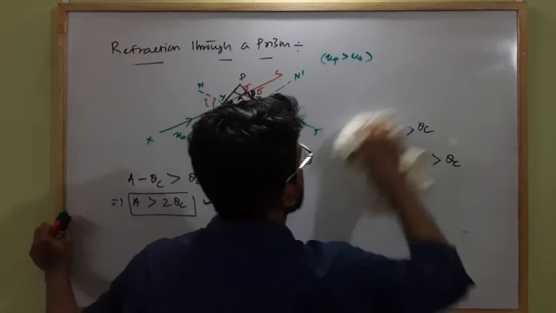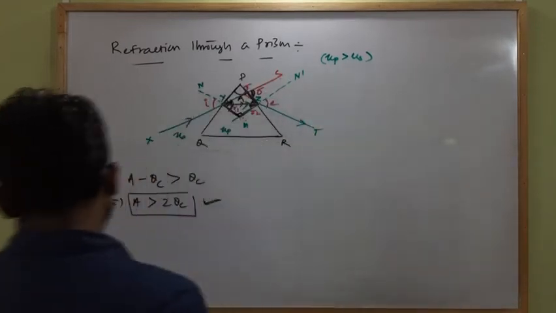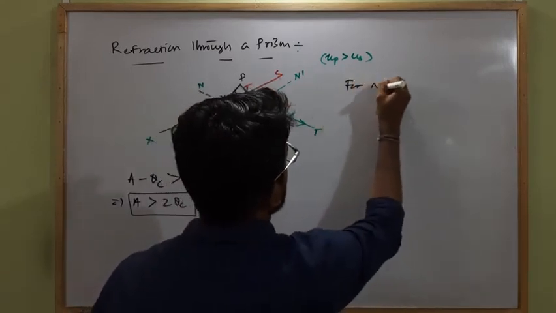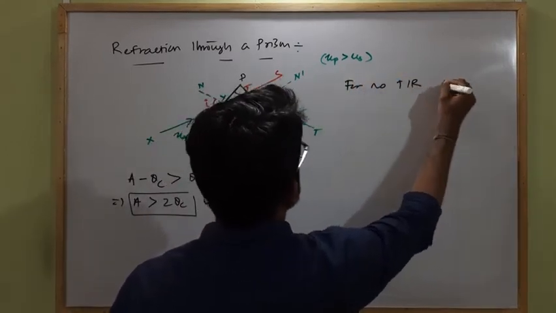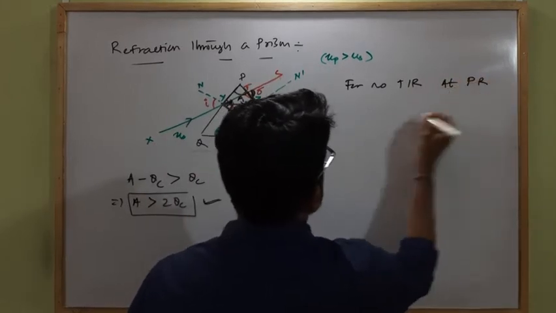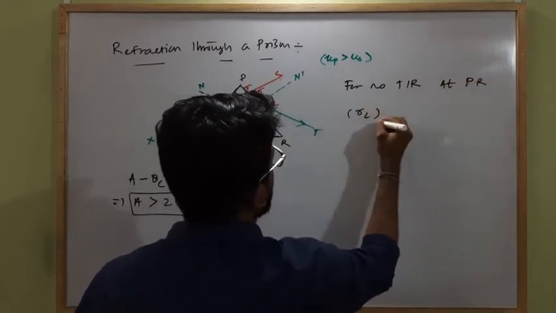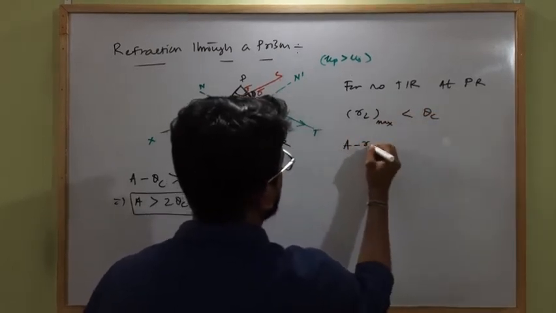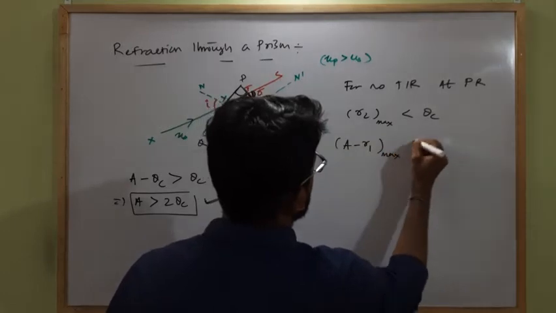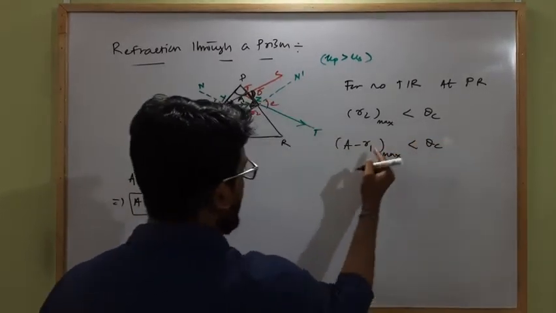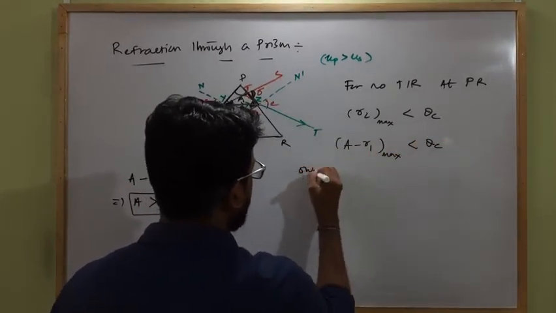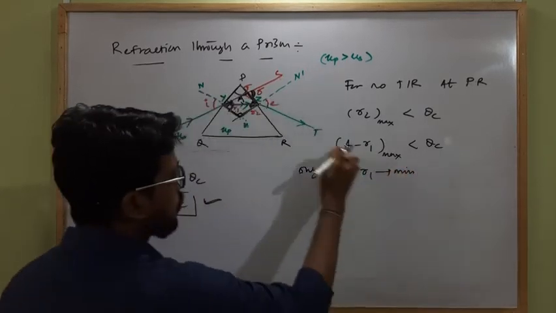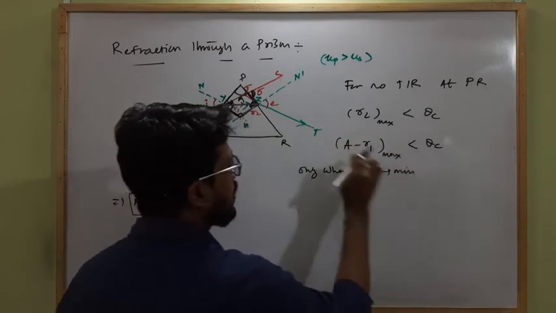There will be no chance of total internal reflection. So for always remaining outside, for no TIR, total internal reflection at PR, R2 maximum is less than theta C. So we will get A minus R1 maximum must be less than theta C. So A minus R1 will be maximum only when R1 is minimum, because A is constant.